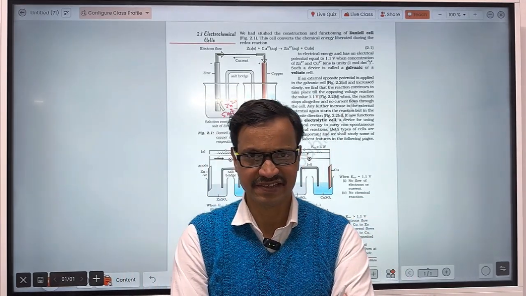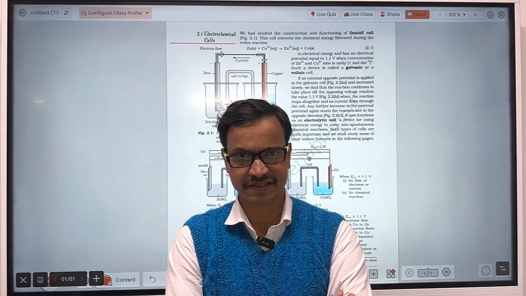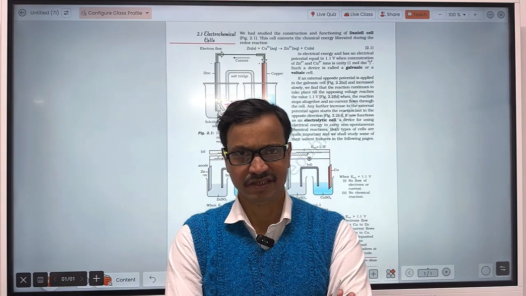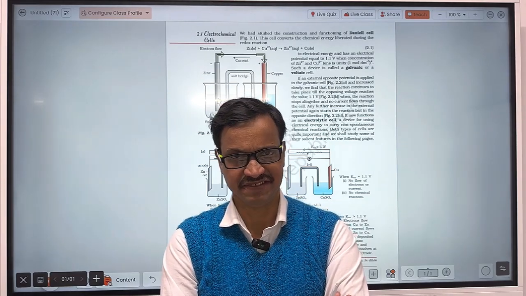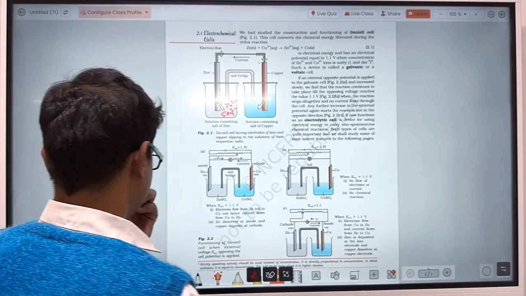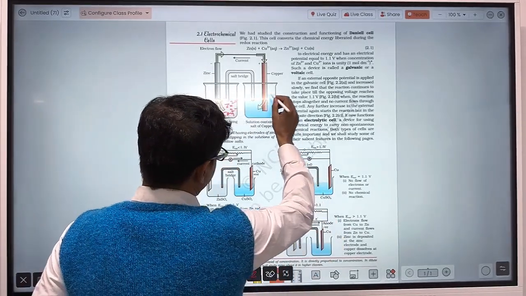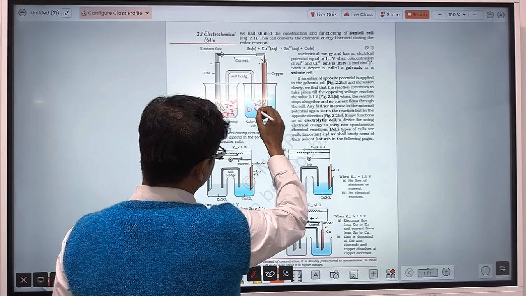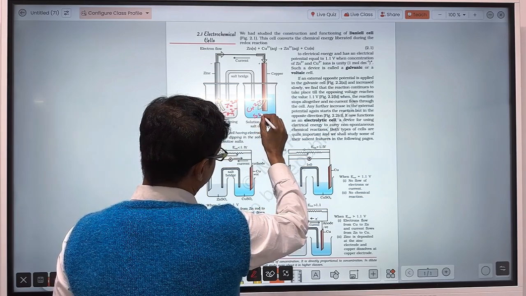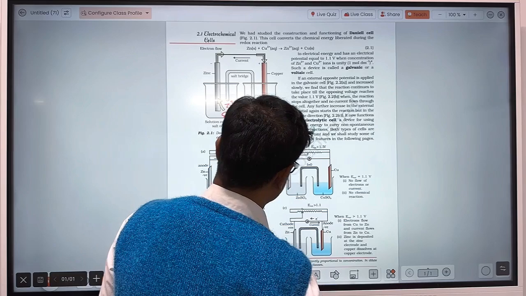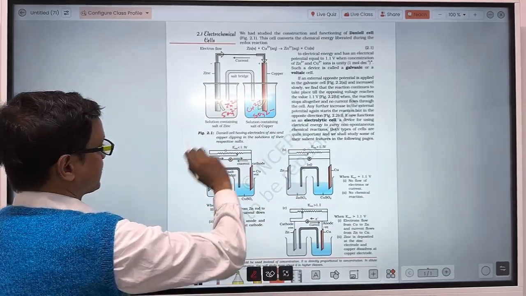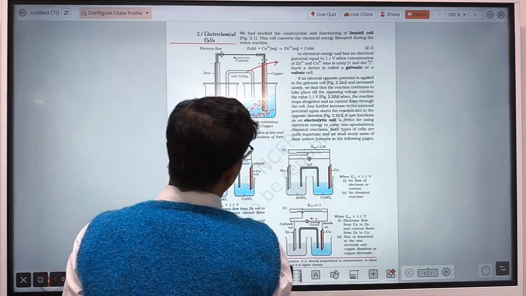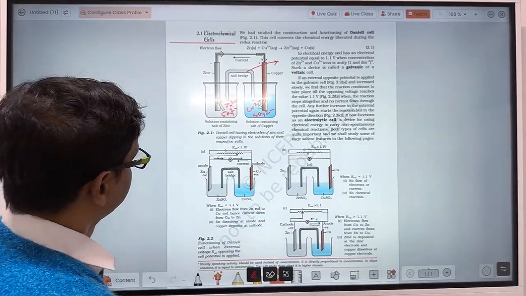Electrolyte means the substance which dissociates into ions, and that will be responsible for the production of electricity. In this vessel the electrolyte CuSO4 has been taken, so CuSO4 will dissociate into Cu2+ and SO4 2-. Both the vessels have been connected through a U-tube which is called a salt bridge.